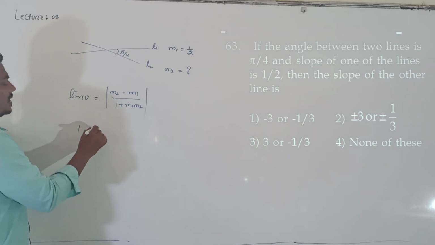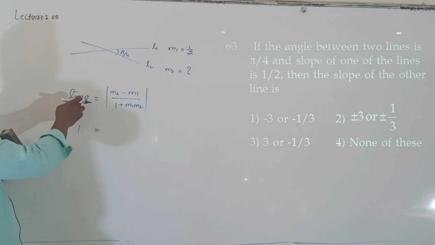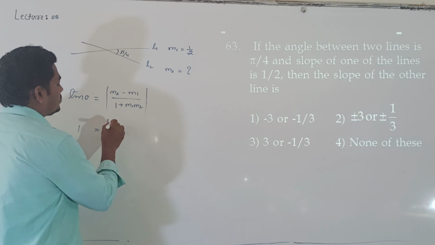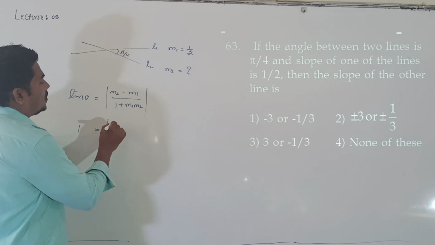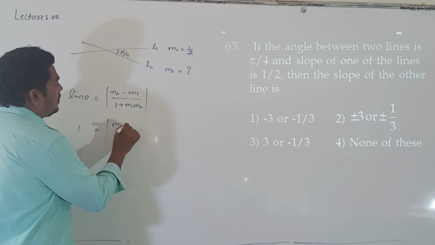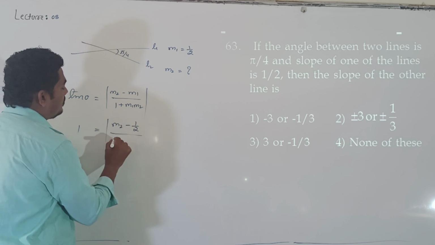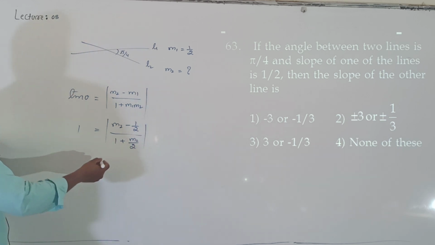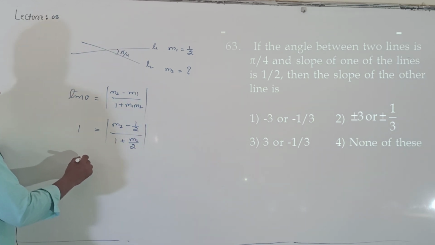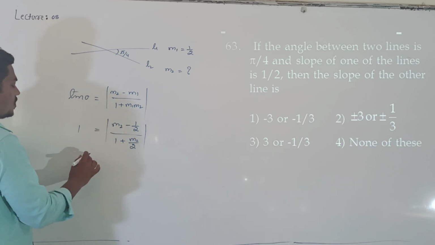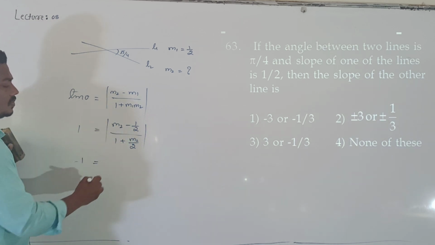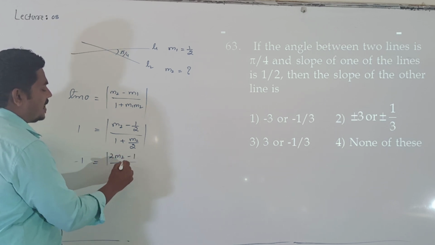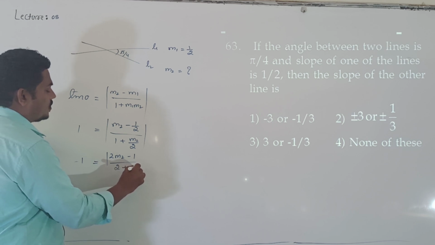Tan pi by 4 is 1. Replace theta, m1 and m2: 1 is equal to modulus of (m2 minus 1 by 2) divided by (1 plus m2 by 2). Taking LCM, 1 is equal to modulus of (2m2 minus 1) divided by (2 plus m2).